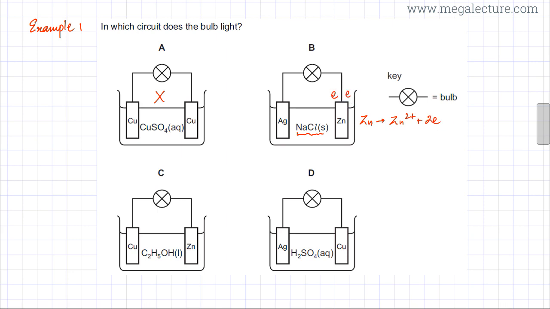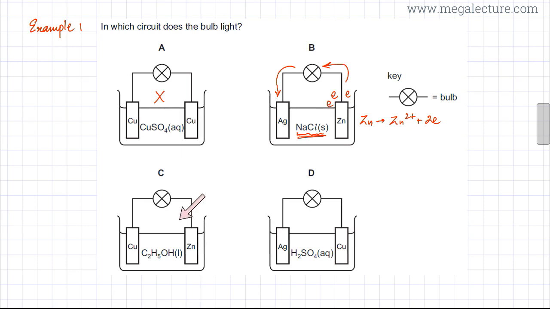Those electrons would accumulate on the zinc electrode and try to go to the other side, but if the solution contains no aqueous ions, there would be no place for the electrons to go. If you want electrons to flow, you need ions in the solution that are able to gain electrons from the other side, so there's a net flow of electrons. In this case, there would be no flow of electrons because an electrolyte is absent. Electrolytes are acids, bases, or salts in aqueous, dissociated state.